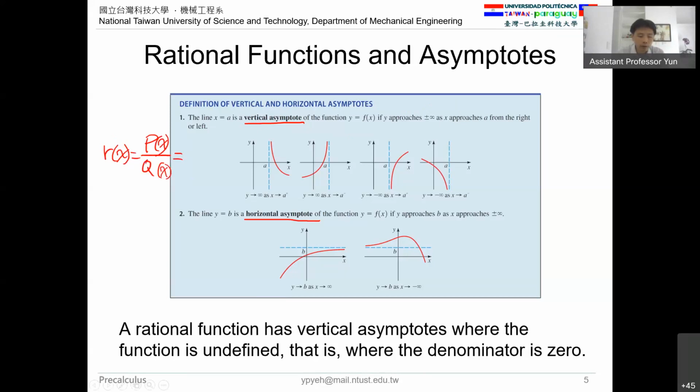And also when we learn some polynomial function, we know we could factor it and find the zeros of this polynomial function, right?